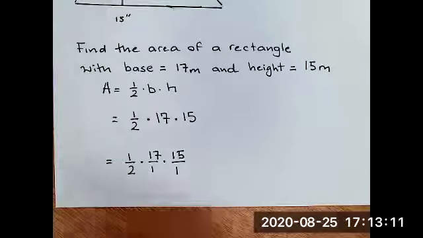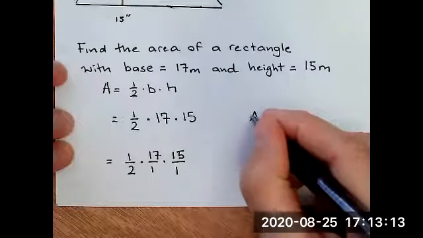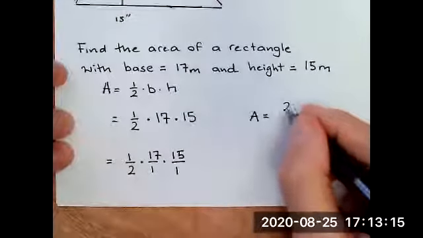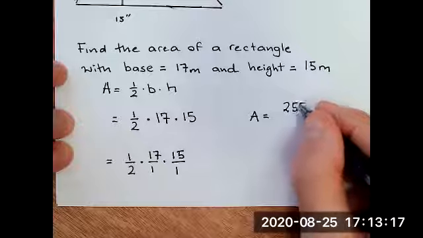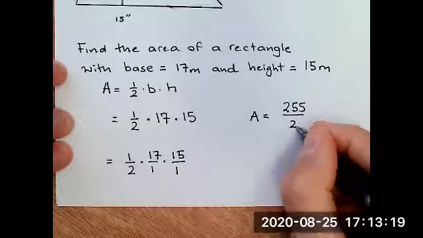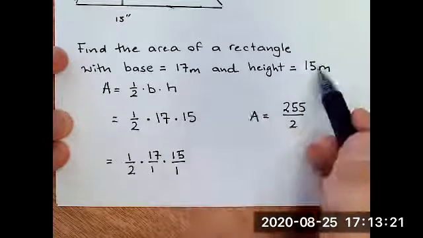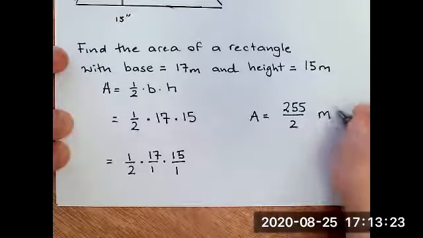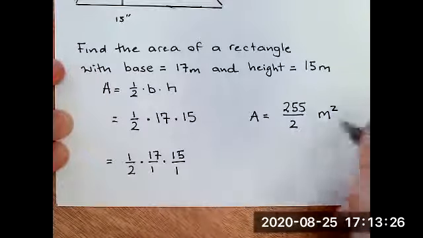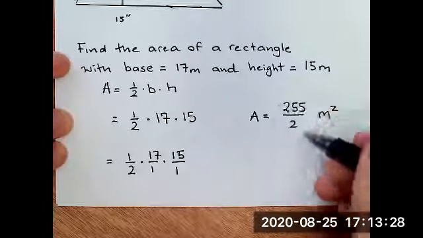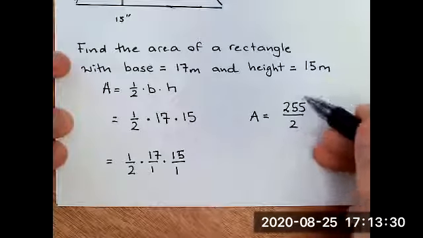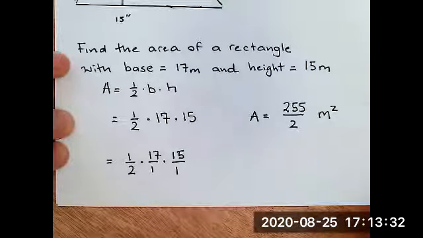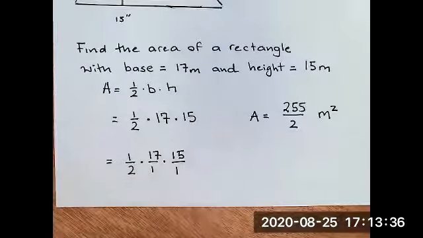And nothing cancels. We get 255 over 2. Meters times meters is square meters. And in the next chapter, we're going to learn how to make this into a mixed number. You could also make it as a decimal. So we'll do that later.